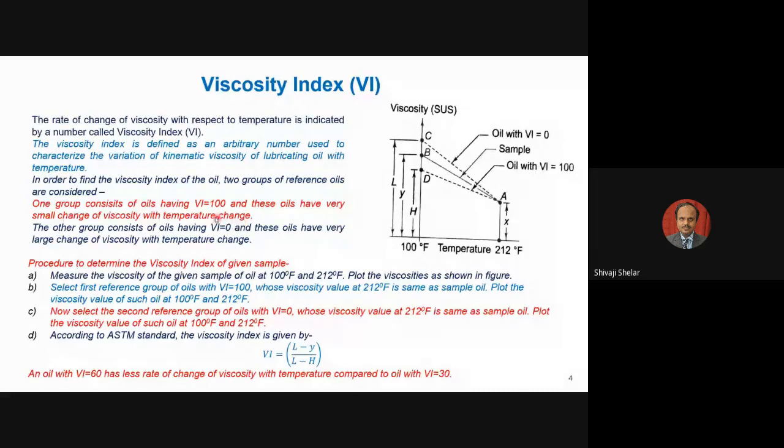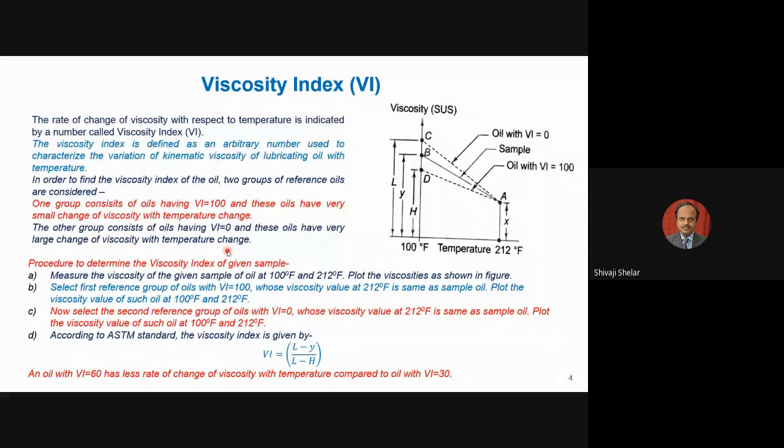We can assign VI equal to 100 when the oils have very small change of viscosity with temperature change. The other group consists of oils having viscosity index 0. These oils have a very large change of viscosity with temperature change. That is very important.